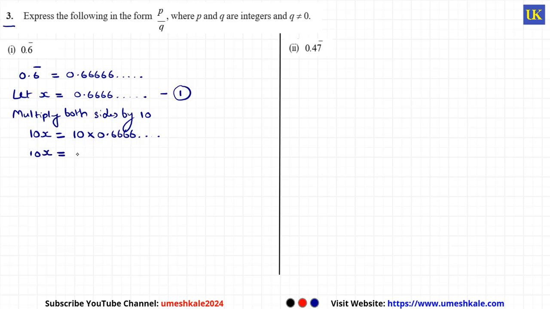When we multiply by 10, the 6 will jump before the decimal, so it will become 6.6666, and it will continue like this, and we will take this as equation 2. Now in the next step we need to subtract equation 1 from equation 2.